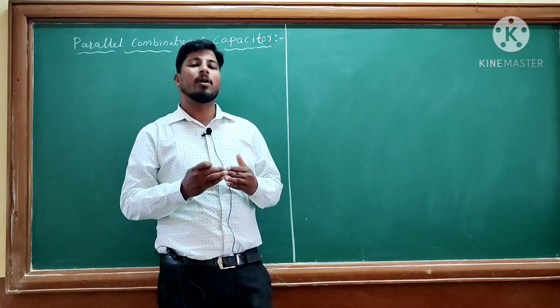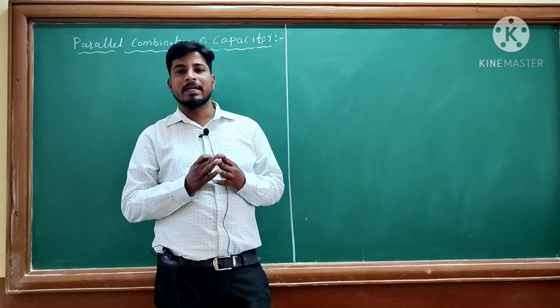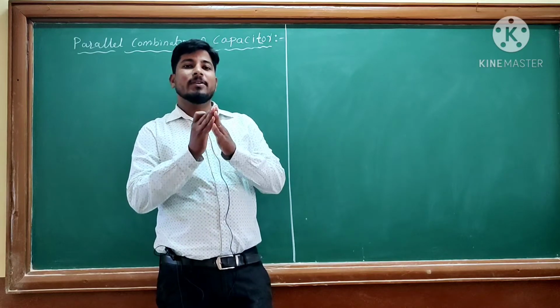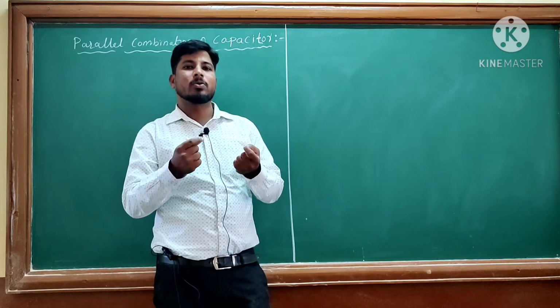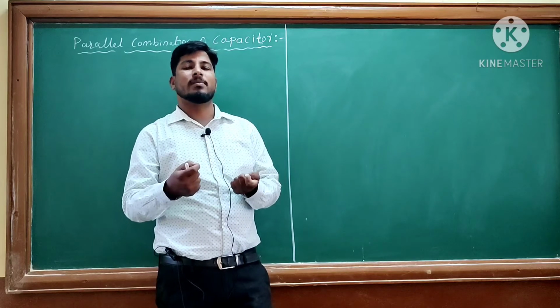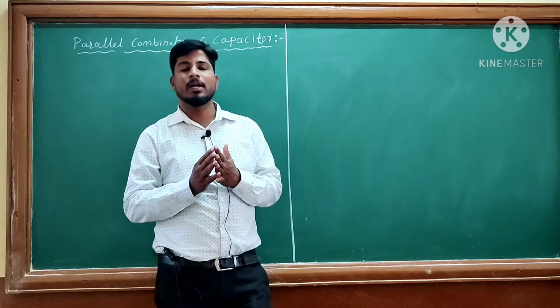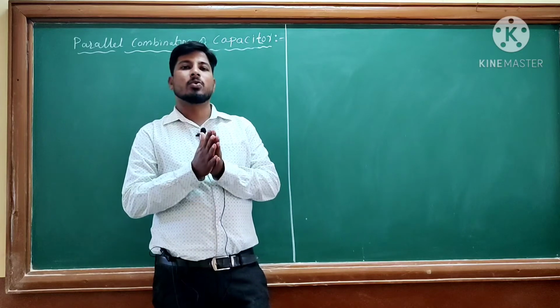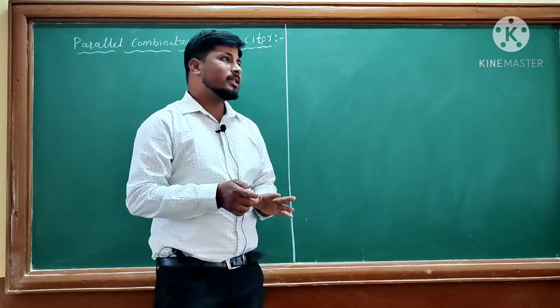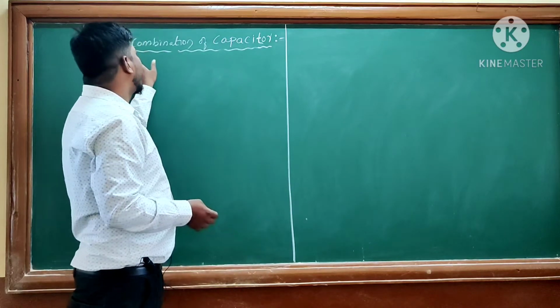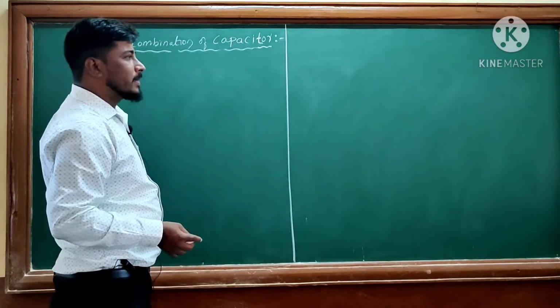Here in parallel combination, the potential difference across each capacitor is the same and the total charge on the system is the algebraic sum of the charges stored in each capacitor.